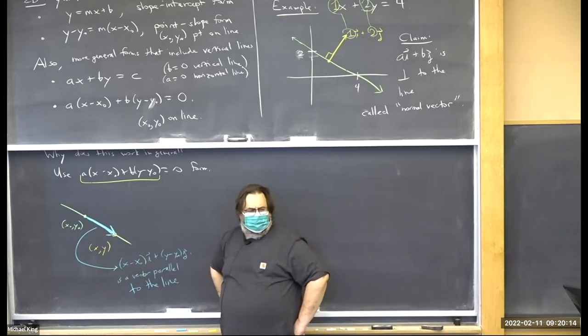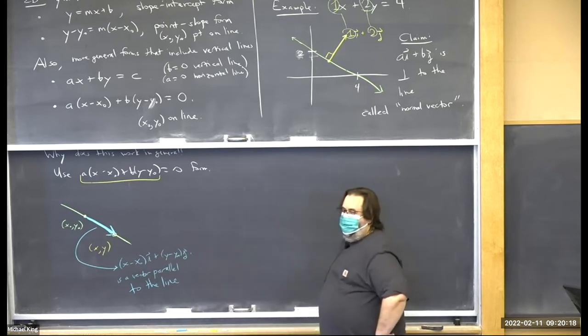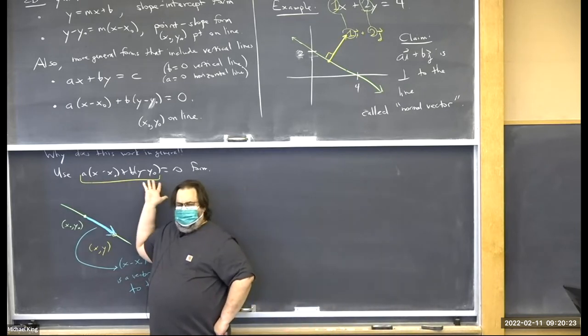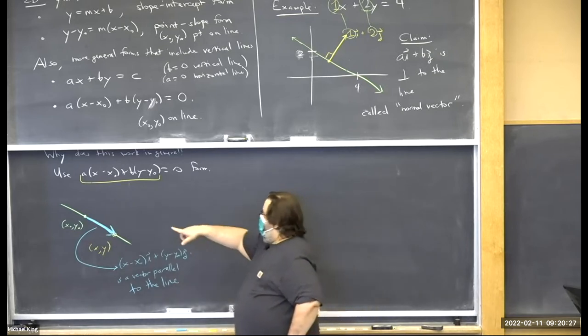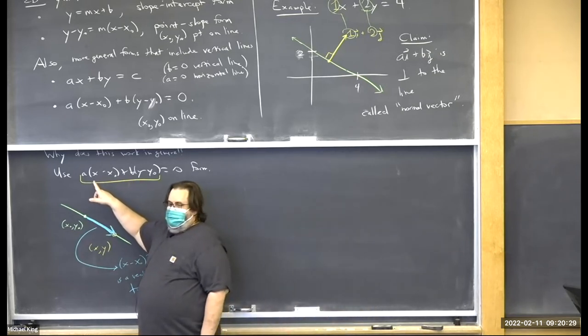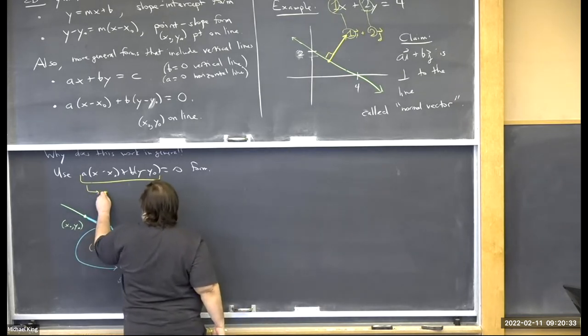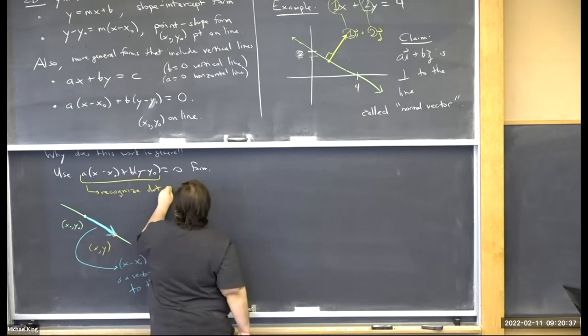You guys get what I'm getting at? No. I'm saying anytime you see product plus product, something times something plus something times something, you could interpret that as a dot product. So I'm saying recognize the dot product here.